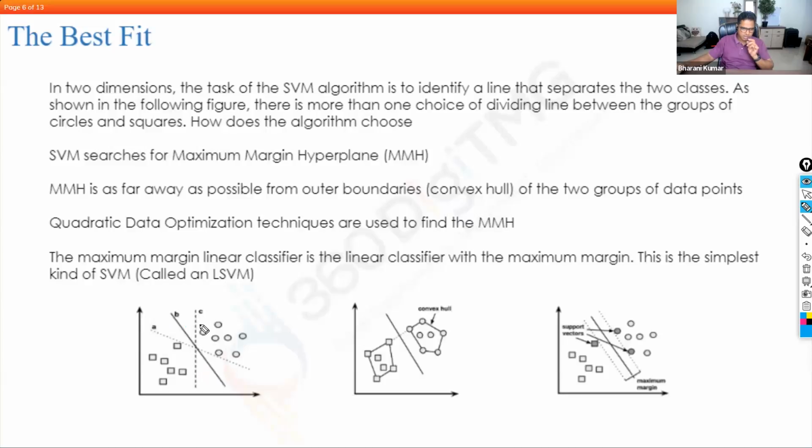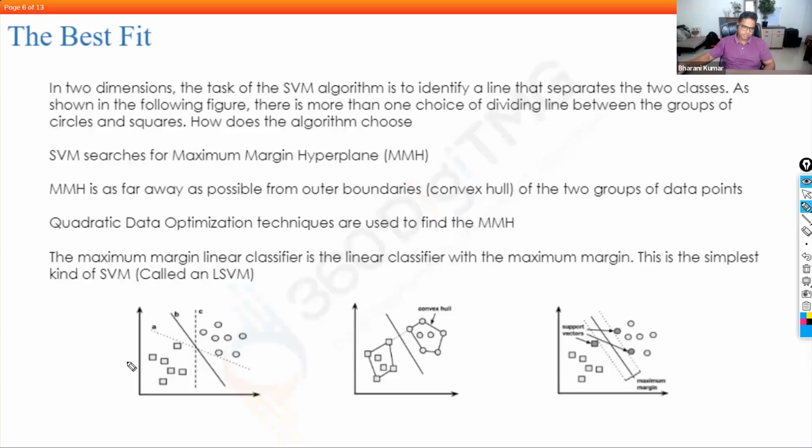C is also almost touching there, right? But B has the maximum distance. If you have the maximum distance, that means you're giving maximum margin for error, to ensure that errors do not occur. So what you do is you just join all the outermost data points, and we call it a convex hull.